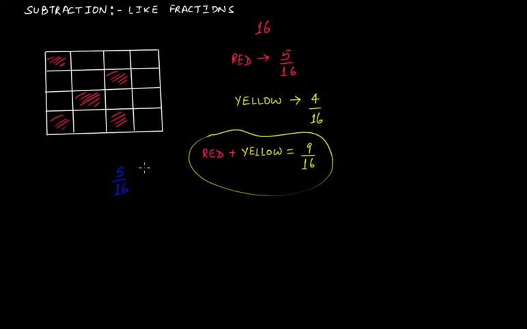How much did we take out? We took out 4 by 16, that is, we took out this one. Previously we had 9 by 16, we took out this one, we are left with this one, 5 by 16.